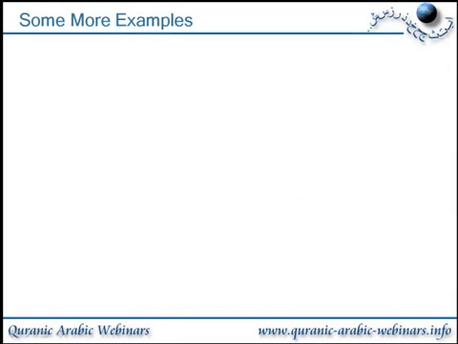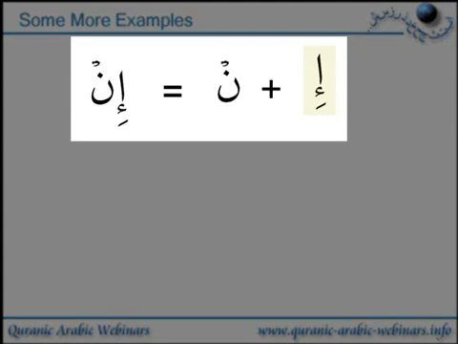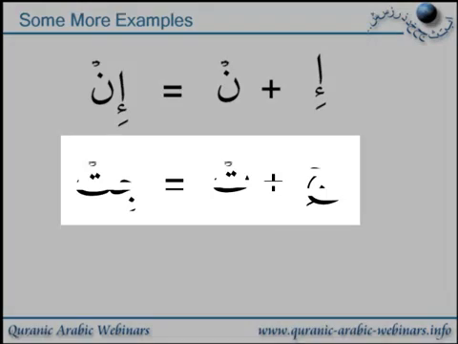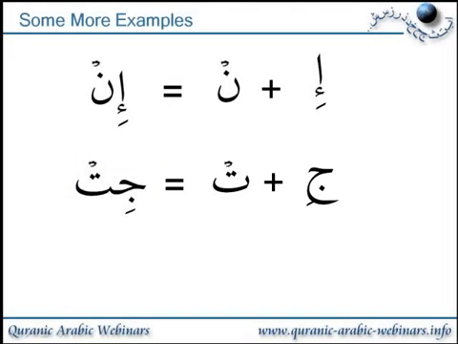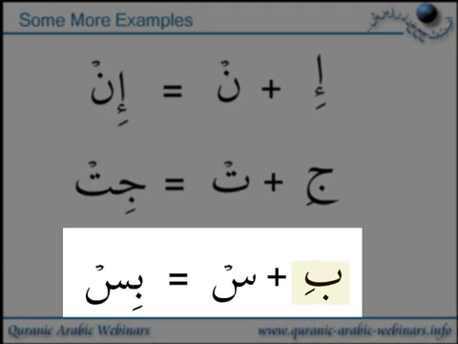Some more examples. Here we have the sound of e with the noon sakin giving the sound of in. Here we have the sound of ji with the ta sakin giving the sound of jit. And here we have the sound of bi with the seen sakin giving the sound of bis.